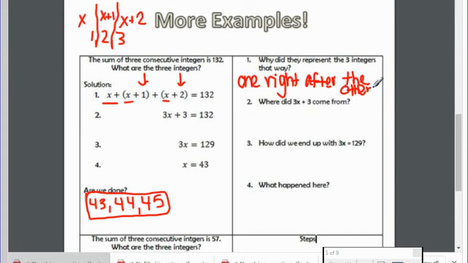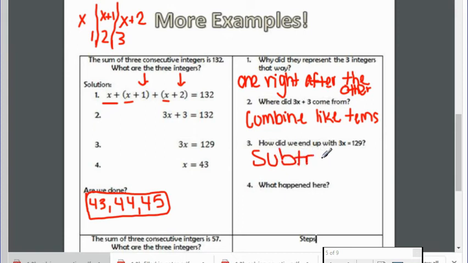Where did the 3x plus 3 come from? That's combining like terms. How did we end up with 3x equals 29? What did they do to get that? Subtracted the 3.